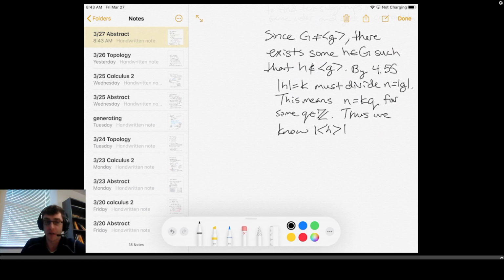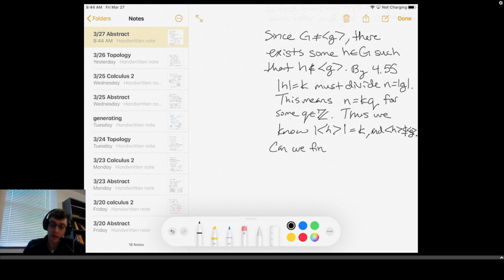By the definition of order, the subgroup generated by it must have order k, and it's not inside the subgroup generated by g, because H itself is not in that subgroup.